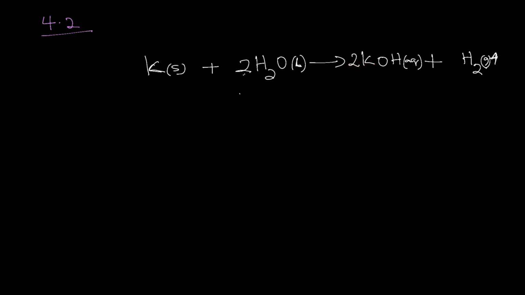I need 2 here, so I need to put 2 there. And now I think it's all balanced. 2 hydrogen plus 2 hydrogen making 4, so that's 4 hydrogen, and 2 potassium and 2 oxygen here, 2 oxygen here. Now for conservation of mass, the total mass of reactant must equal the total mass of product. That's conservation of mass, so that's good, that's balanced.